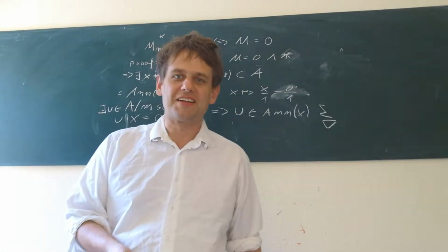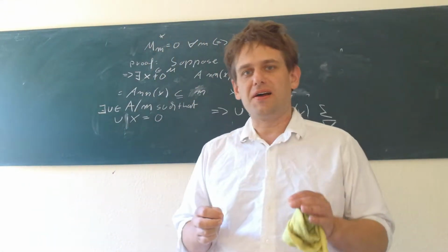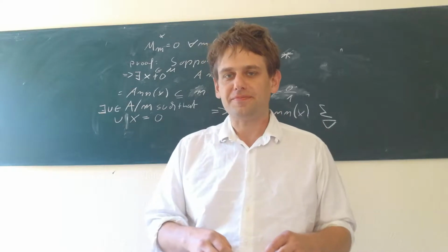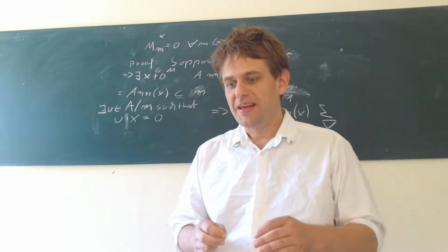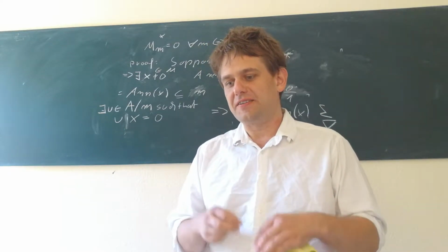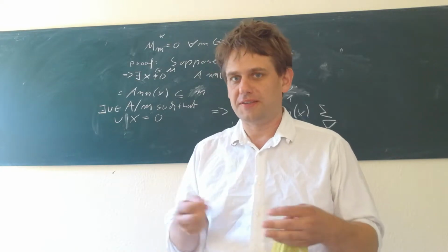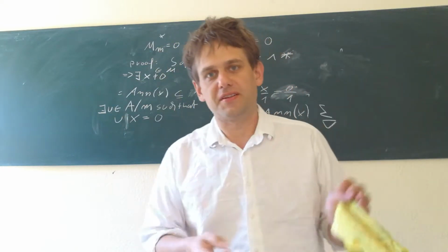So let's look at an example of a local property. Remember, a local property is a property of a module such that it is true for the module. So let's say our module is called M, and M is an A-module.